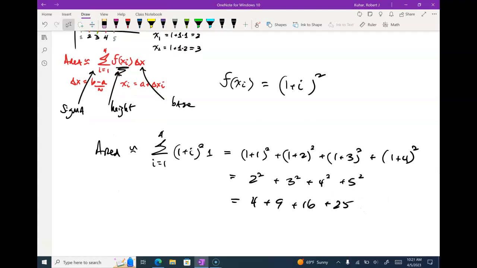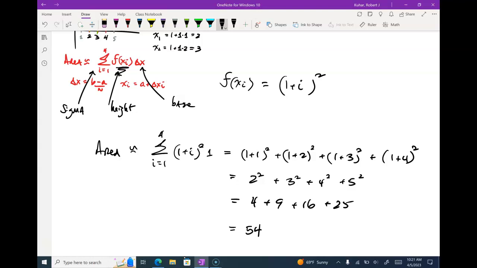Help me: 20, 45, 50, 54? 54, agreed? Did I do that right? Someone check me. 20, 45, and 9 is 50 and 4. Yes, 54. Overestimate, right?